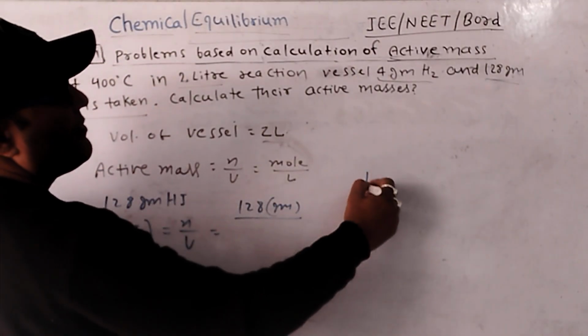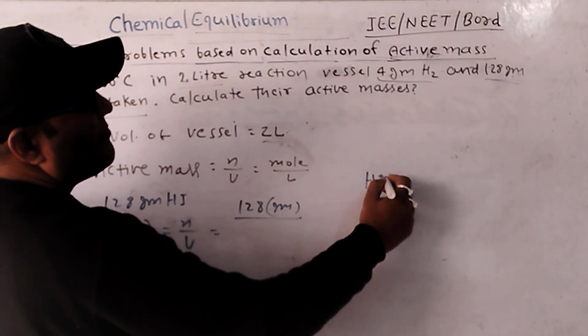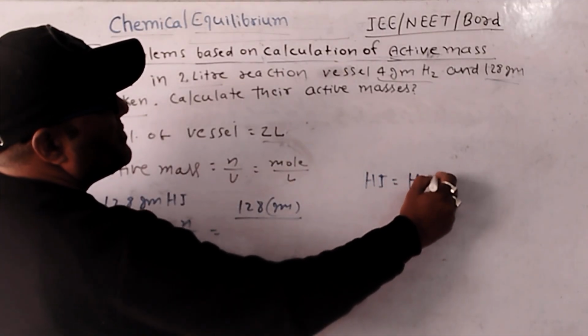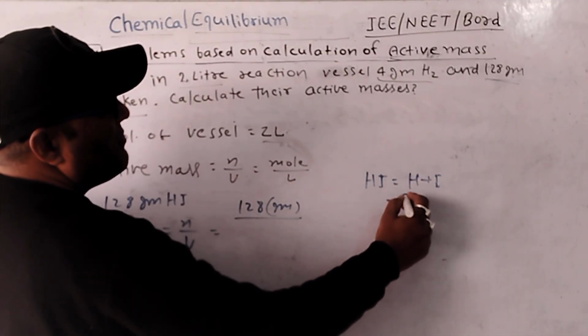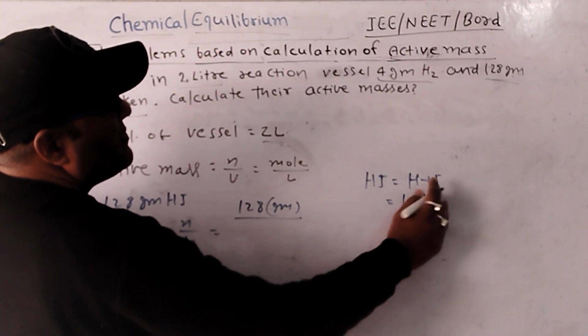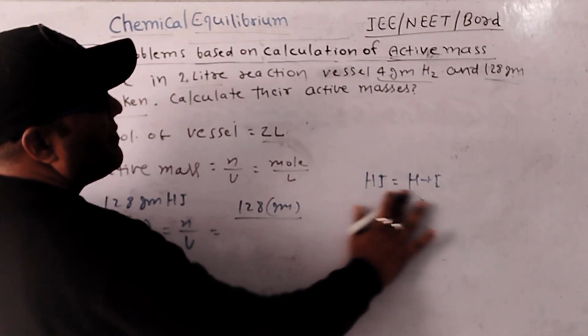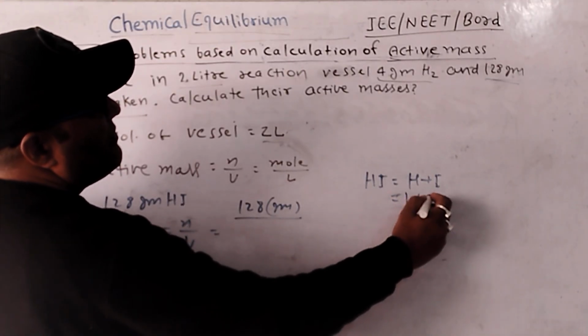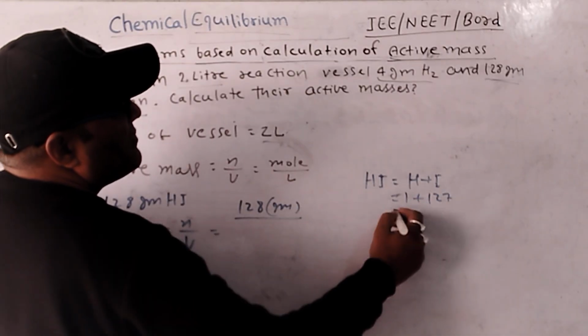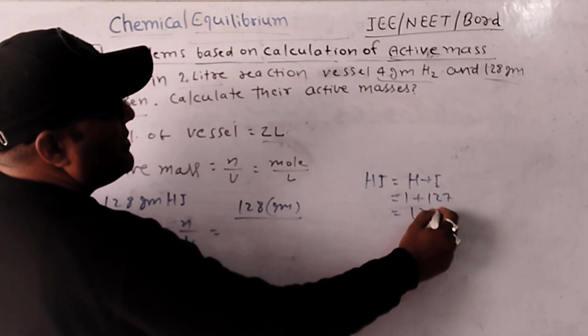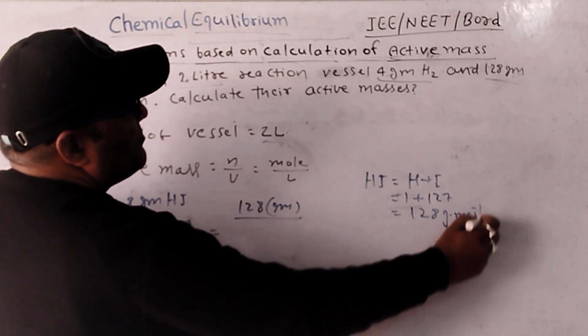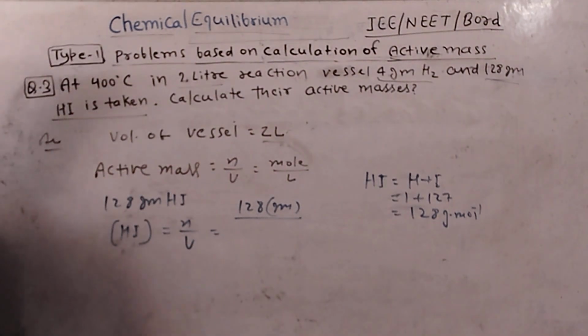For the molar mass of hydrogen iodide, H plus I, hydrogen is 1 gram and iodine is 127 gram. After the sum, 128 gram per mole is the molar weight of hydrogen iodide.